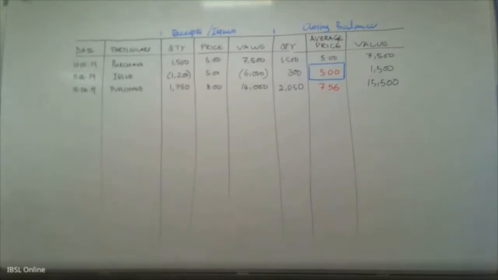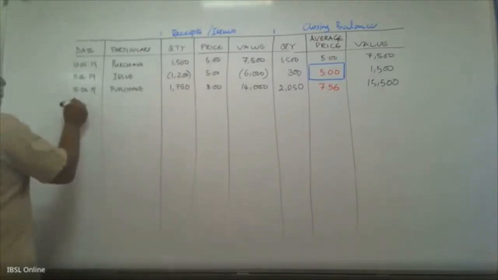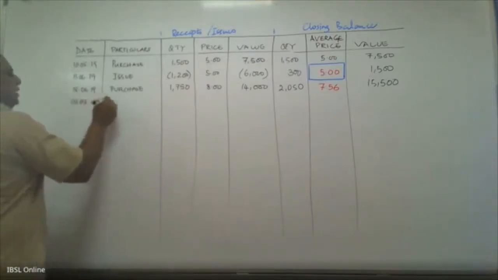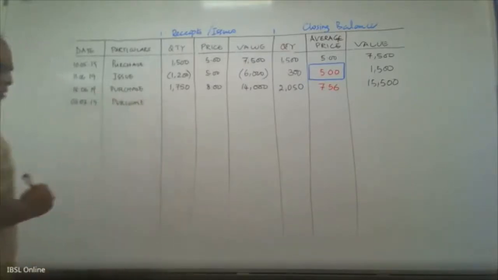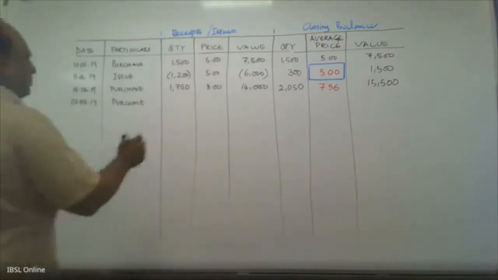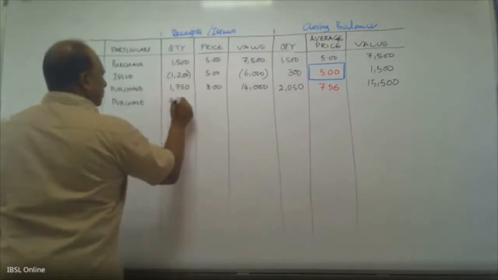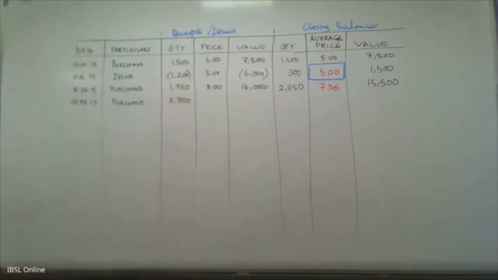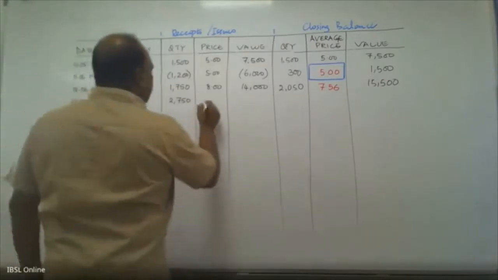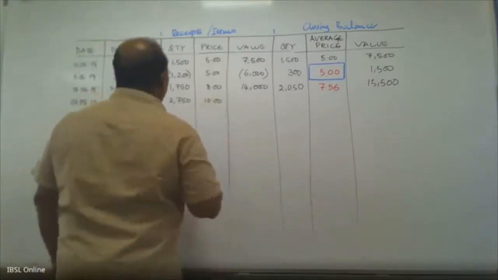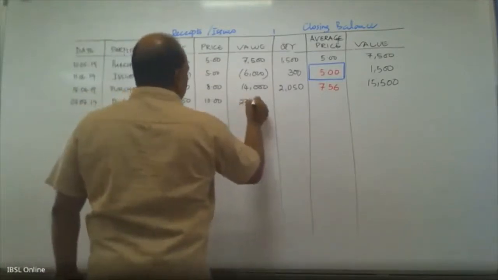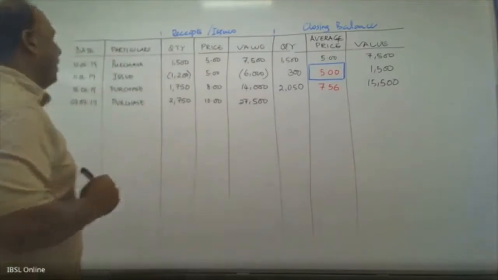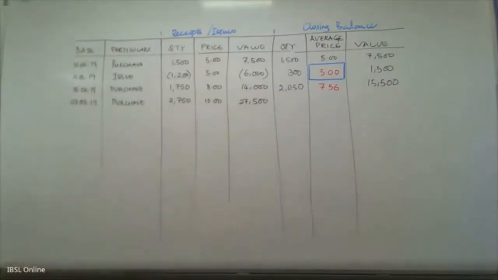That is on 3rd July. There is another purchase of 2,750 at the rate of 10 rupees, which means 27,500.